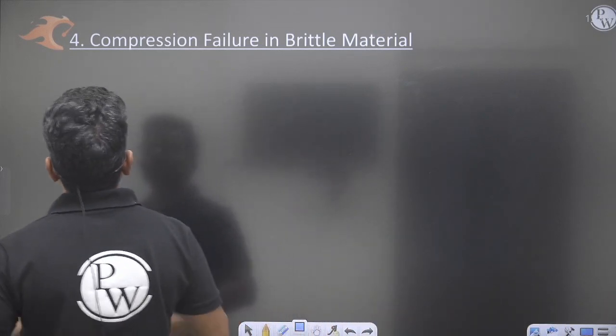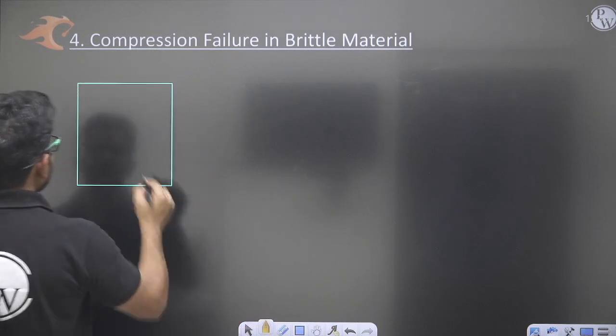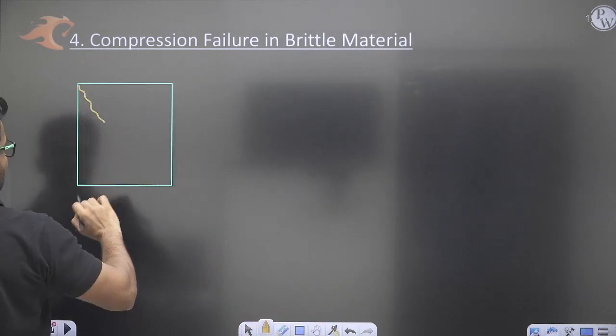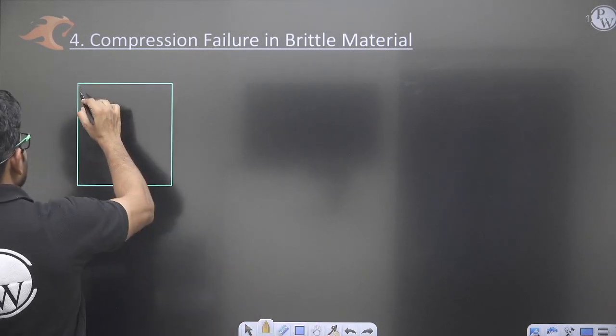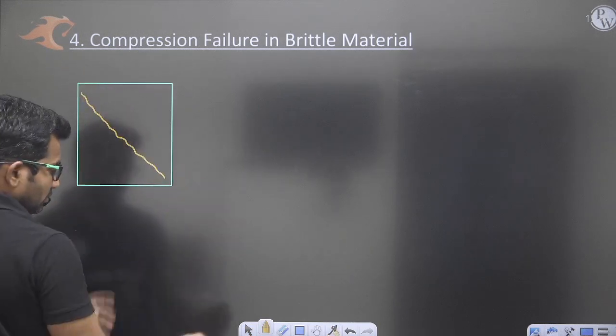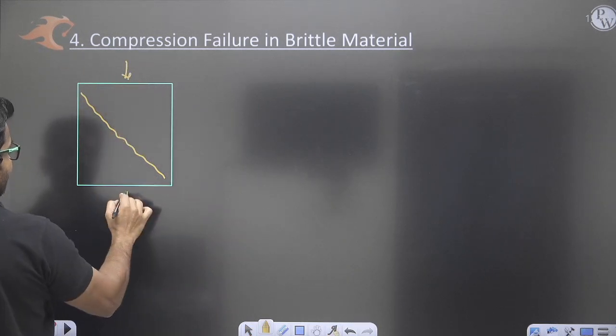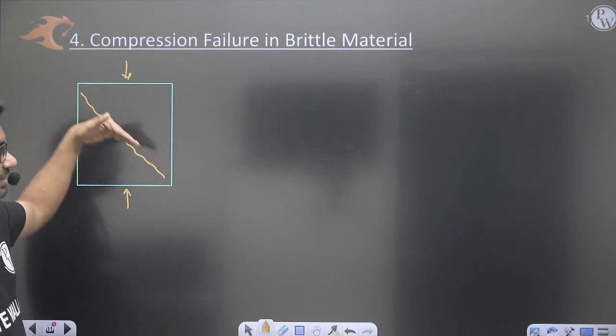Okay, so here at 45 degree, the failure plane will be like this, or sometimes the failure plane will be like this also, okay. This will slide like this. So when we are applying compression, this will be the failure surface. It will be because of shear, okay.